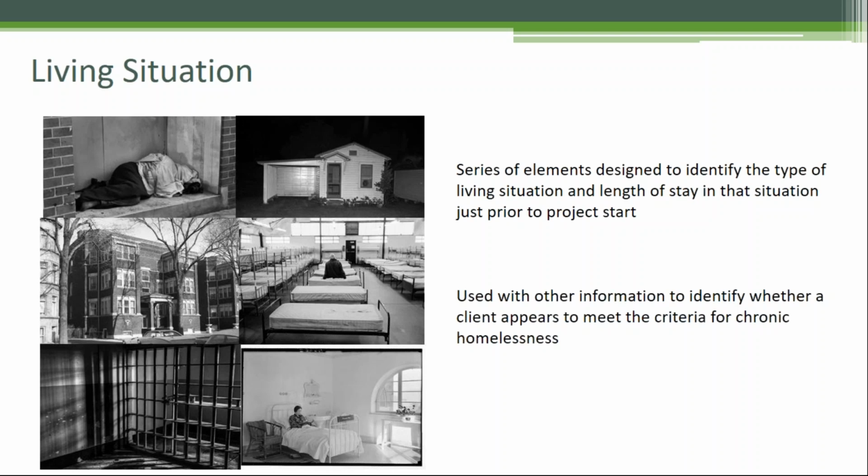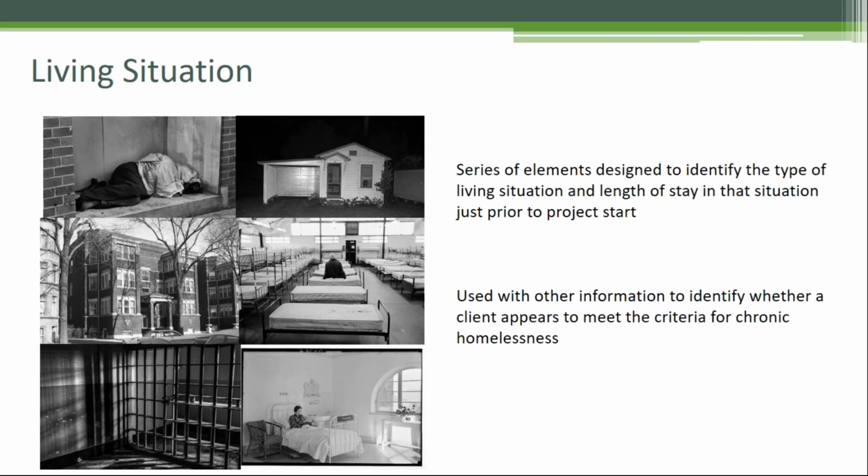Or you have to have been homeless 4 or more times within the last 3 years, and if you were to add up every month that you spent homeless within the last 3 years, that total has to equal 12 months or more, and you have to have a disabling condition.